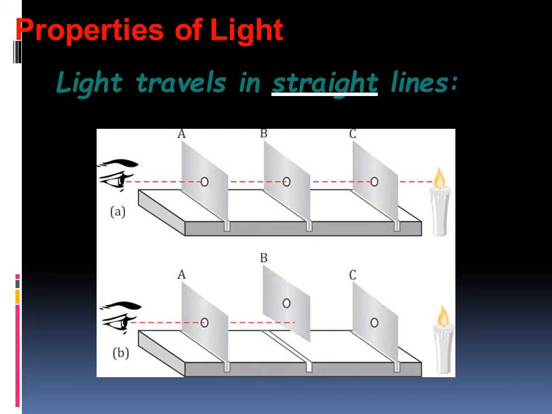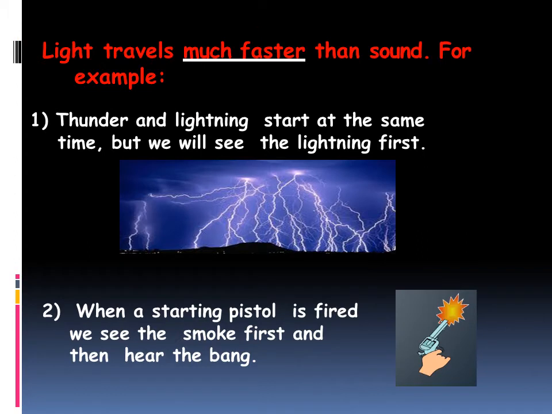Now let's move to another property. Another property is that light travels much faster than sound. That means when light and sound are there, we can see the light first, then the sound. For example, thunder and lightning start at the same time.